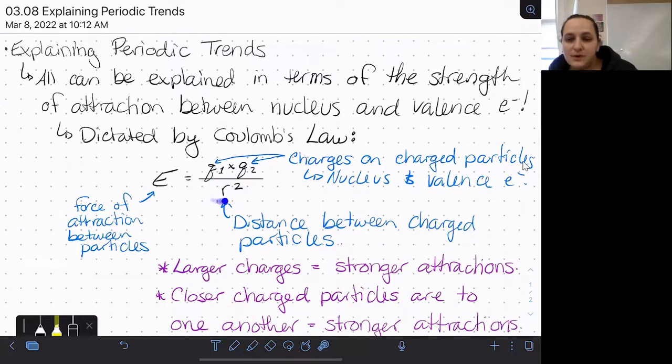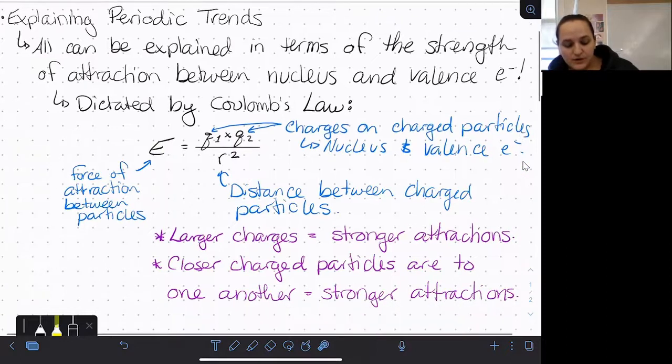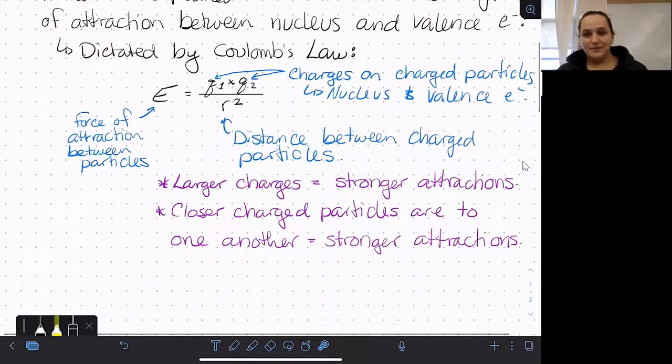Closer together means that this value would be smaller. As our denominator gets smaller, the value of E is going to get larger. So as your particles are being held closer together, they're going to be more strongly attracted to one another. These are the ideas that are really behind all of those periodic trends: how the size of the charge and the distance between the charges actually play out in atomic structure.